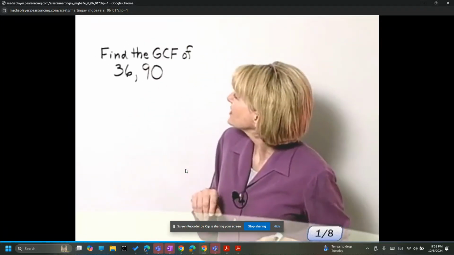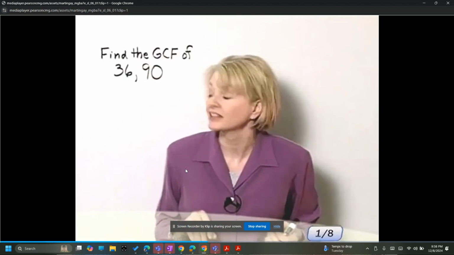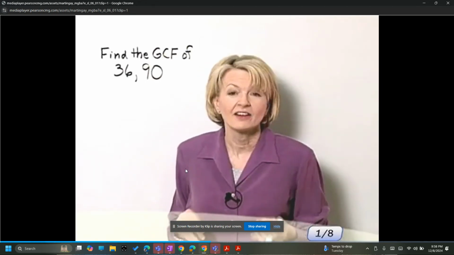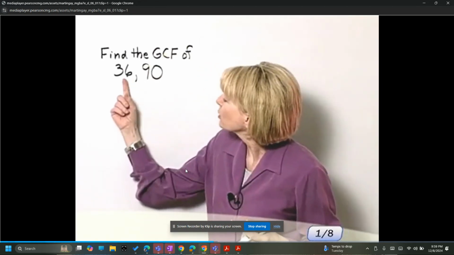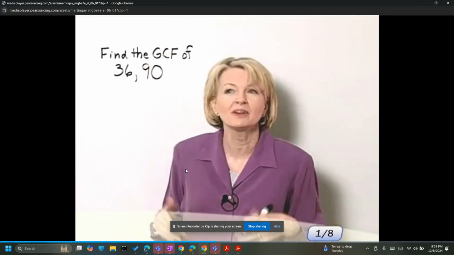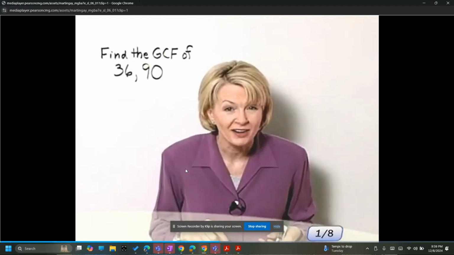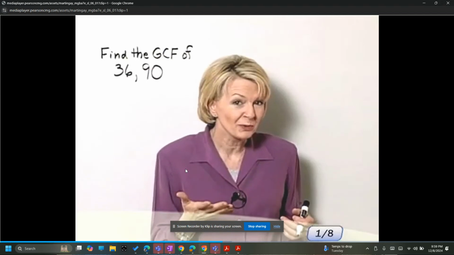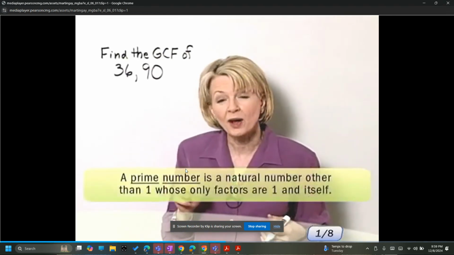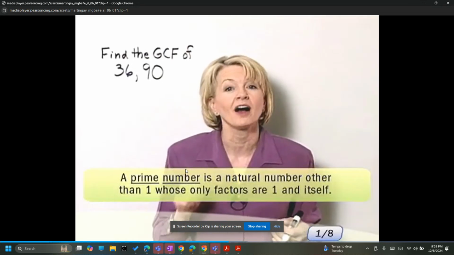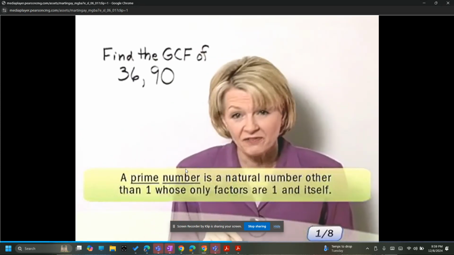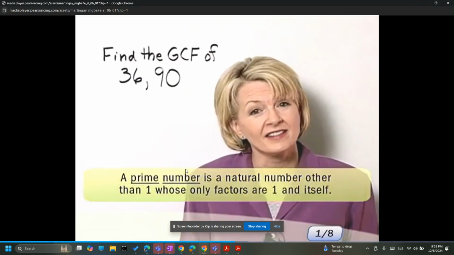So let's find the greatest common factor of 36 and 90. First, we want to find the prime factorization of each number. In other words, write each number as a product of prime numbers. Remember what a prime number is. A prime number is a natural number other than 1 whose only factors are 1 and itself.